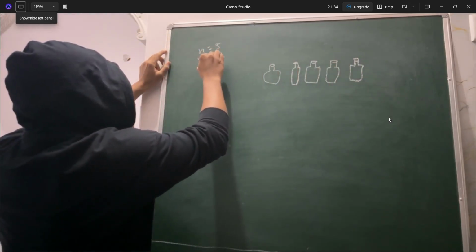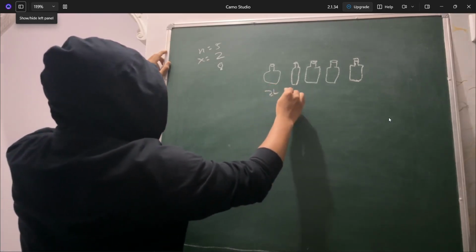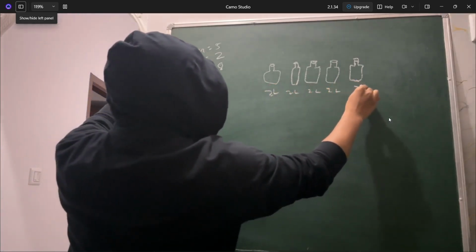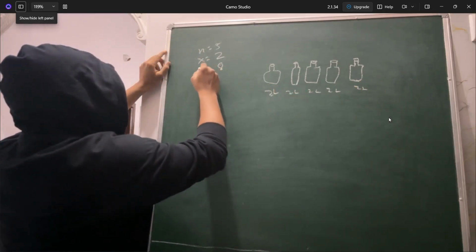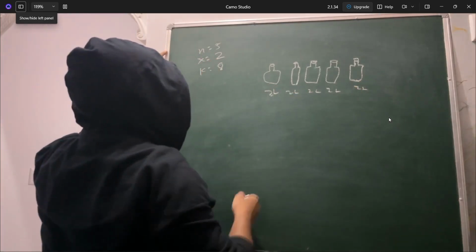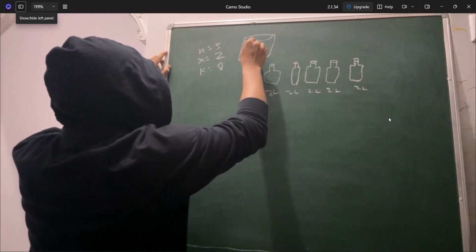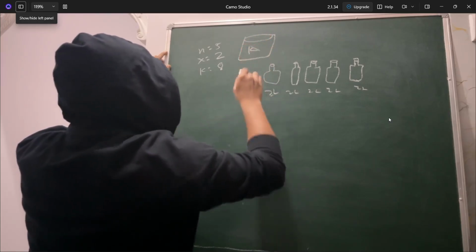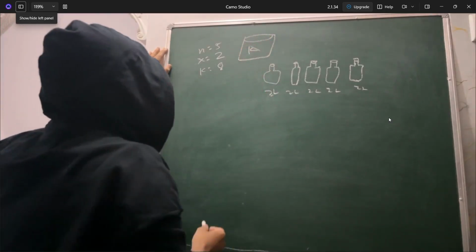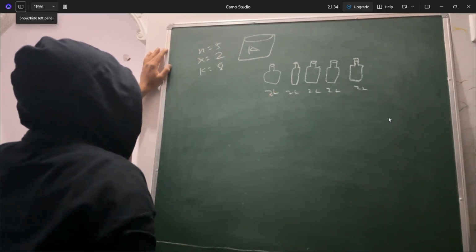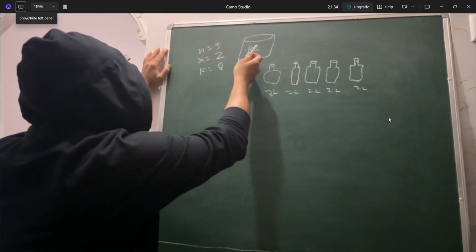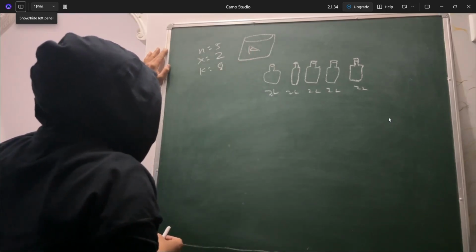X is the capacity of each water bottle, which is 2 liters, and K is the capacity of the water tank. So let's say we have a big tank whose capacity is K. You have 5 water bottles with capacity 2, and we have 8 liters of water in the water tank. How many can you fill?